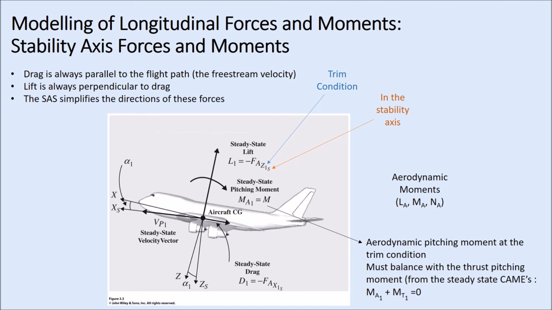We have an aerodynamic pitching moment about the aircraft center of gravity, which we're going to call M, because that's the pitching moment, the one associated with a rotation about the y-axis. And if you recall the conservation of angular momentum equations for a steady state condition, we saw that the aerodynamic and thrust moments in all three axes must balance. So the aerodynamic moments must be equal and opposite to the thrust moments in that particular axis.